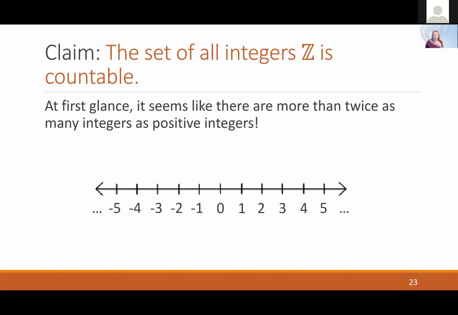So if I start at 1, 2, 3, 4, 5, keep counting forever, that's countably infinite. And I'm missing from 0 to the left, all of those negative integers. And Z plus is only that part, whereas the entire integers looks like that.